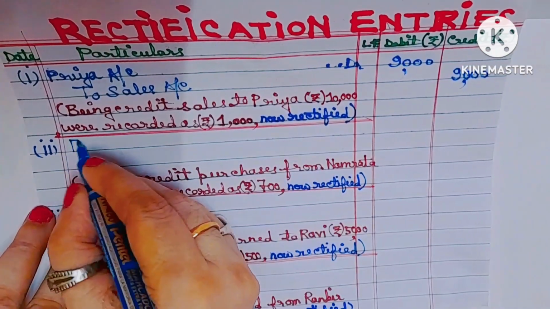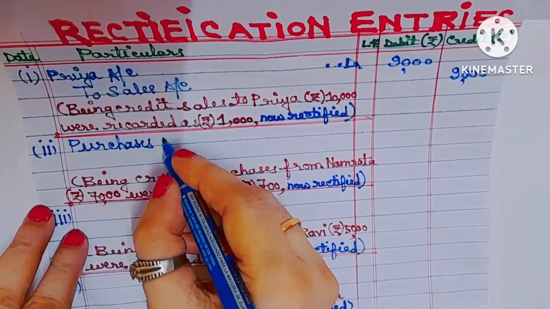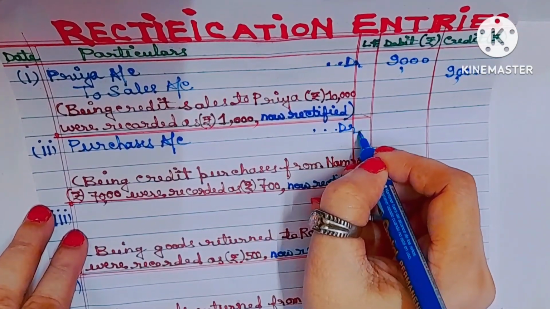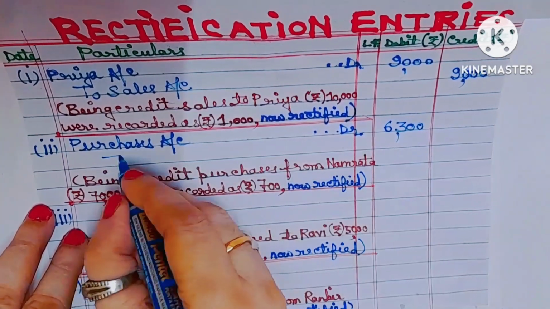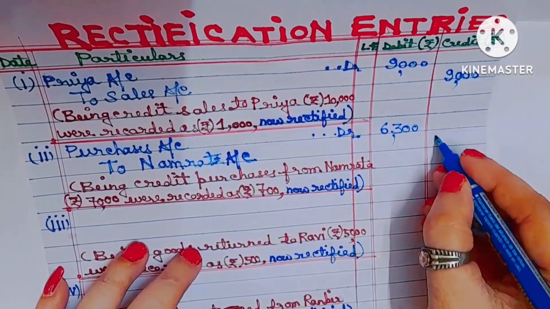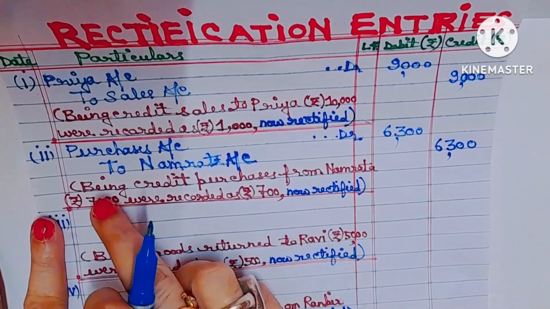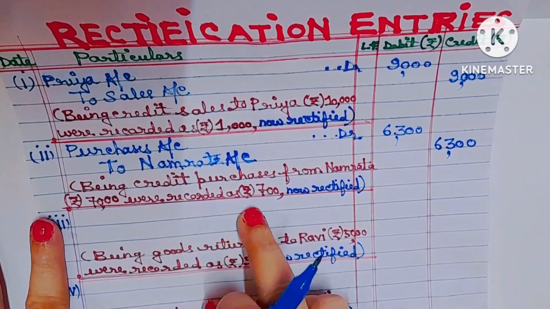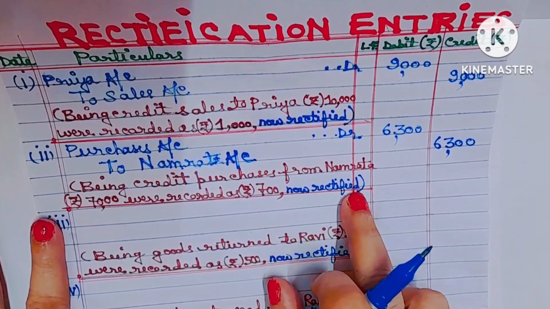Purchases account debit 6,300 to Namrata account rupees 6,300. Okay, now you have to write the narration. Being credit purchases from Namrata rupees 7,000 were recorded as rupees 700, now rectified. Please remember to add now rectified, these two important words.